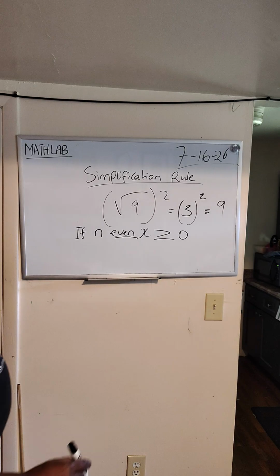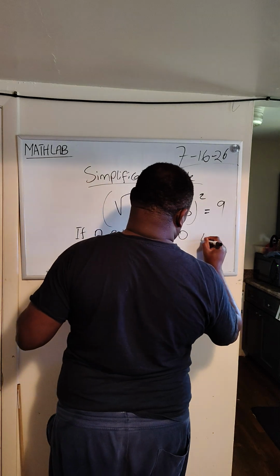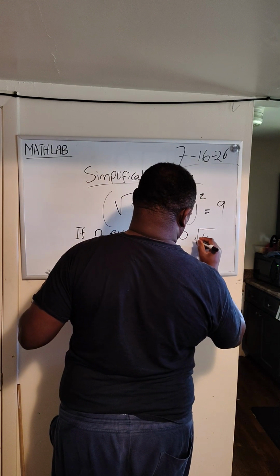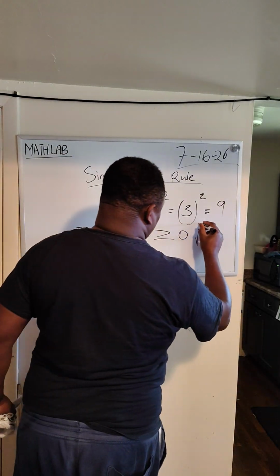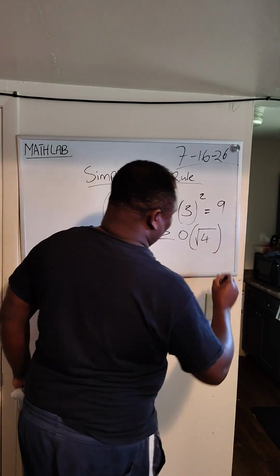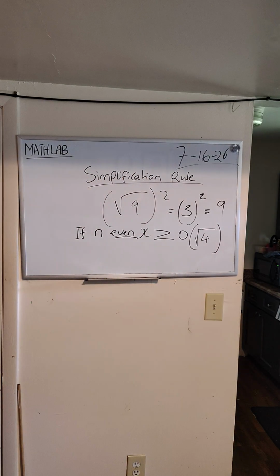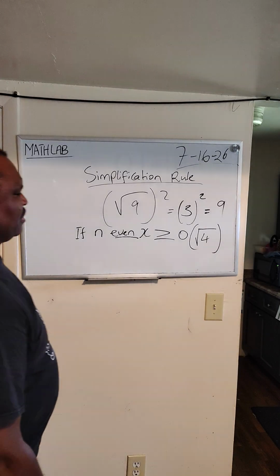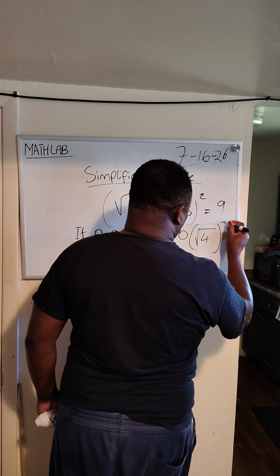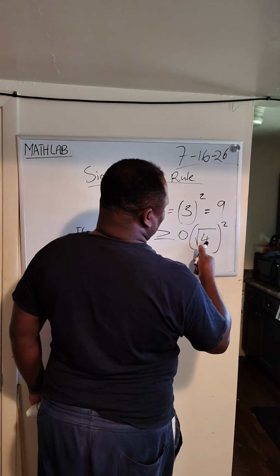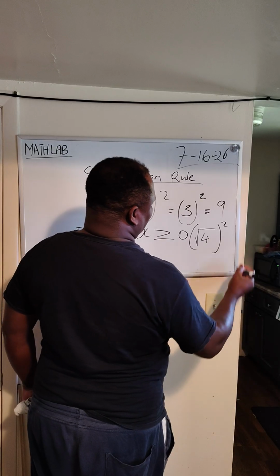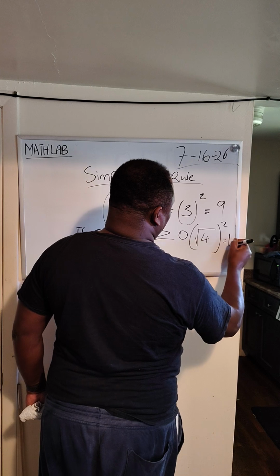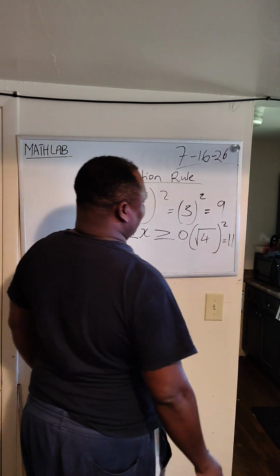An example would be the square root of 4, in brackets, and then it is raised to the power of 2.